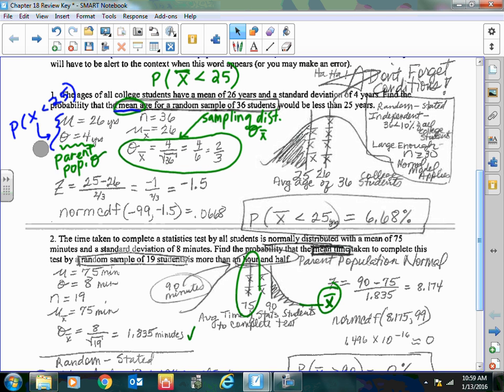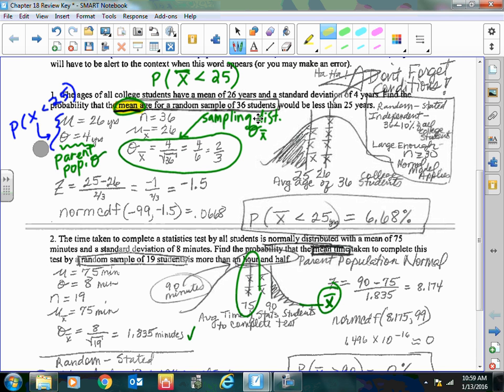All right, so here on this first one, it's talking about the age of college students. And here's the deal. I knew that this problem was talking about sampling distribution because it asks, what's the probability that an average of 36 students is less than 25 years old.